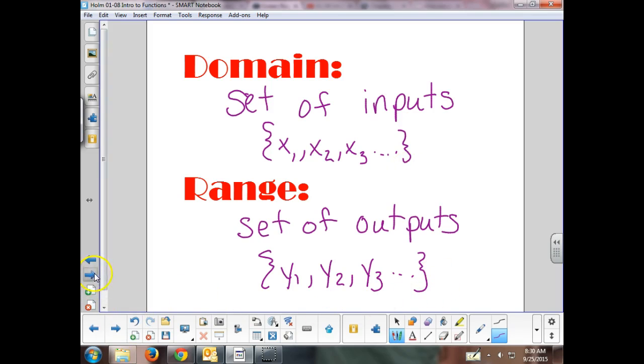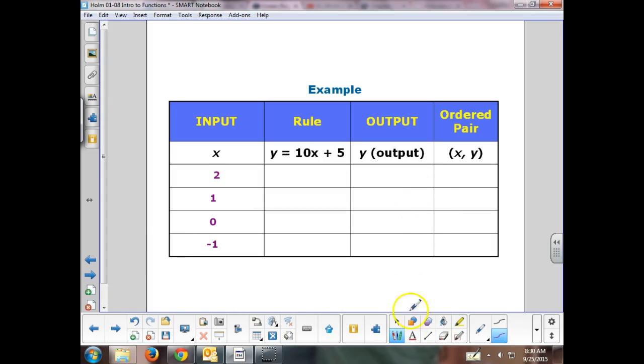All right? So, often we will make a table to do our domains and ranges. I actually was taught to do a T-chart. You might get to where you don't put the rule in and you kind of do it either in your head or in scratch paper.